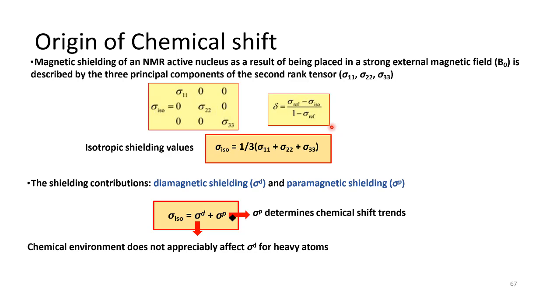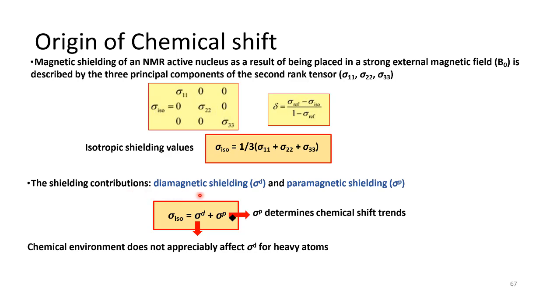So the origin of the magnetic chemical shift depends upon the magnetic shielding of the NMR nucleus. If we apply a strong magnetic field in the XYZ direction, we can take a tensor, a second rank tensor. If it is an isotropic shield, we get the isotropic value, that is 1/3 (sigma 11 plus sigma 22 plus sigma 33). Then the shielding contribution will take place.